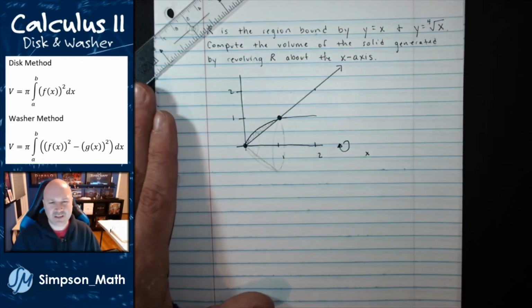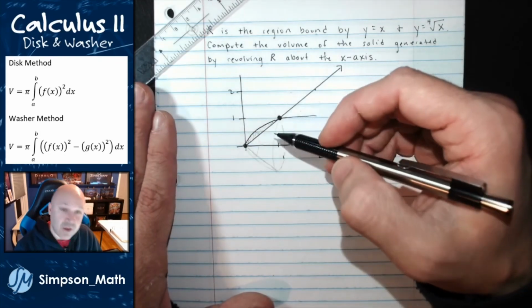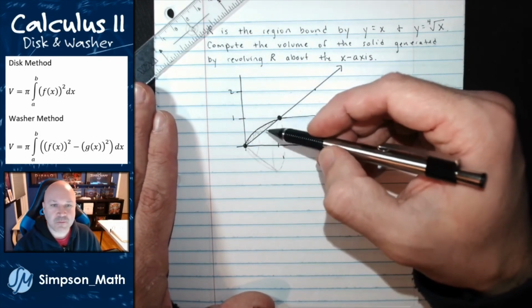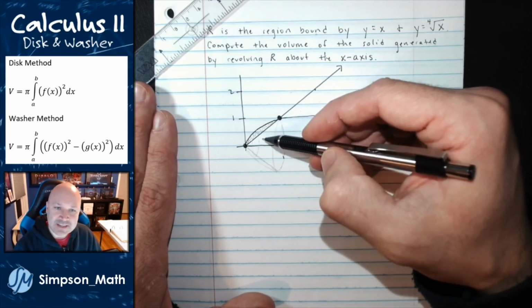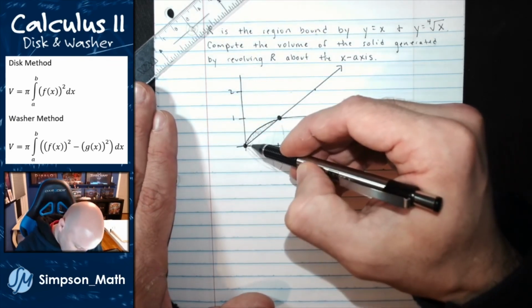I still can't envision it. Let's see. Oh, it is a washer because it's not flush with the x-axis. So there's a hole in here as well.